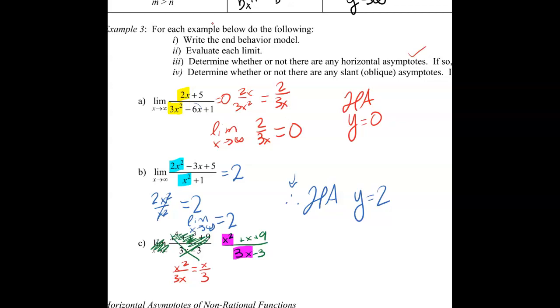And then I see my numerator is going to grow and grow and grow faster, meaning that my limit as x approaches infinity of x over 3 is infinity. So therefore, the limit of this does not exist because it's going to keep growing without bound.